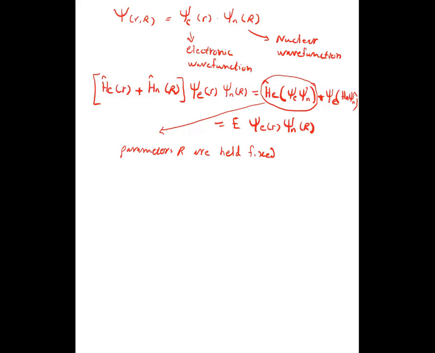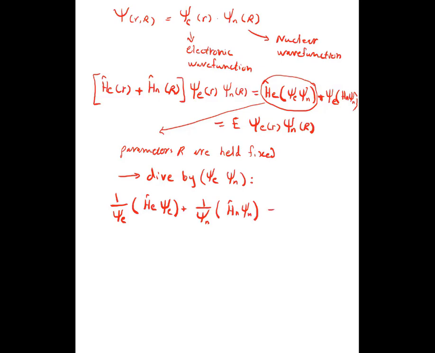So now if we divide this equation by psi e psi n, we end up with this equation: one over psi e multiplied by the electronic Hamiltonian acting on psi e, plus one over psi n multiplied by the nuclear Hamiltonian acting on psi n.